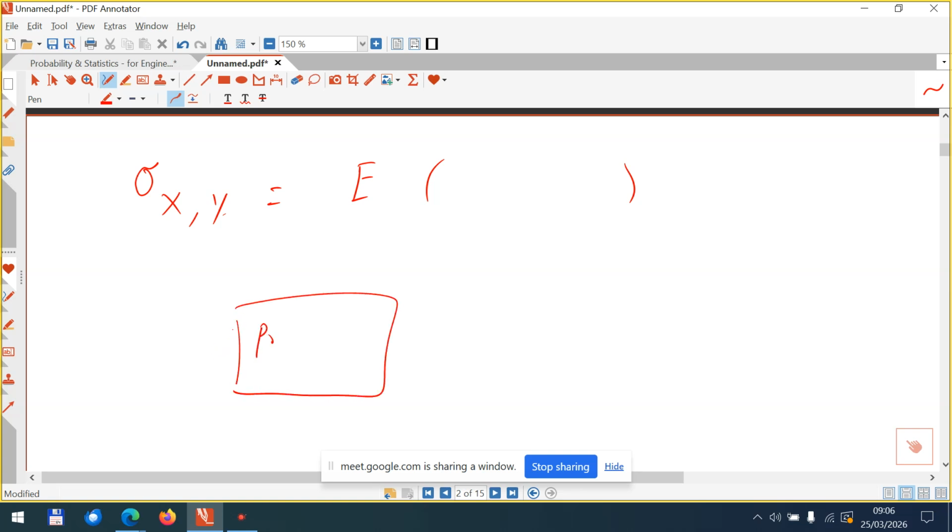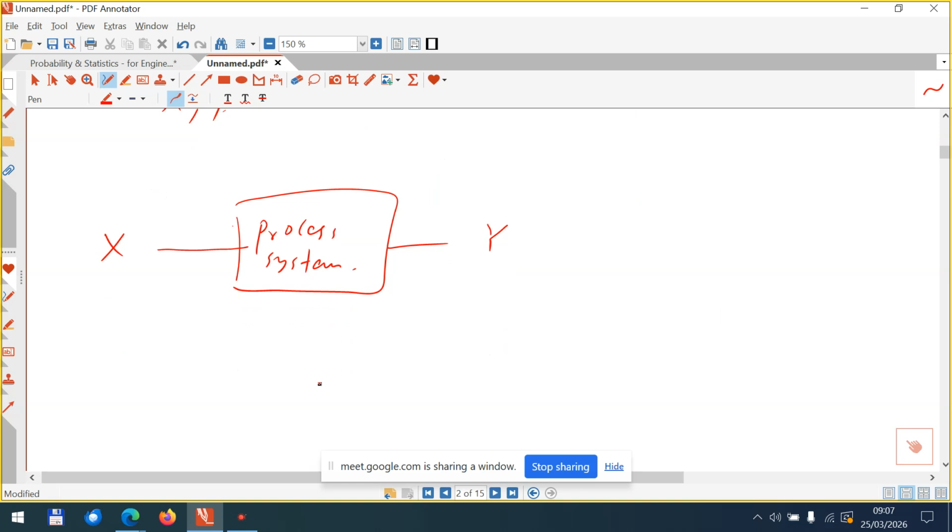You can think of a process or a system like you have in signals and systems, where the input is, let's say, one random variable, and there is a related random variable y, which is related to x through some process or system. And for a moment let's forget about the uncertainty. Let's say there is no uncertainty, because that makes our thinking process easier.